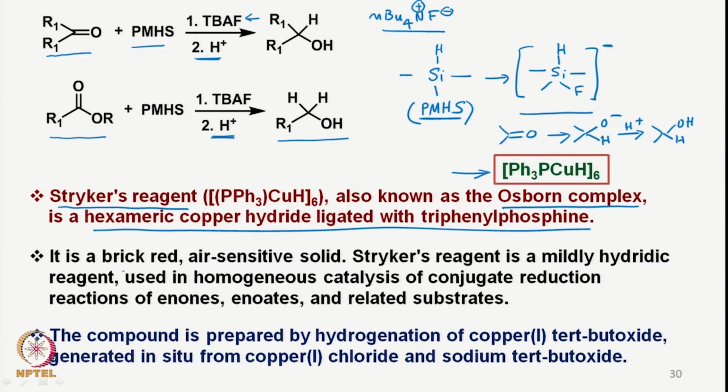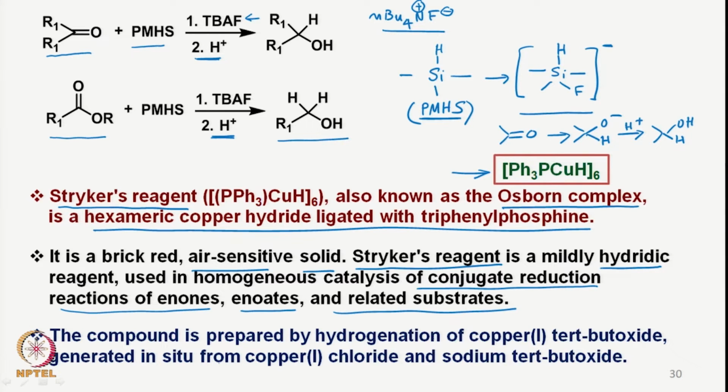It is a brick red air sensitive solid which is known as Stryker's reagent, is mildly hydridic because you have hydrogen attached to copper, and therefore it is useful because it is relatively soft because of the copper being present. It allows the conjugate reduction of enones, enoates and related substrates of different types. So, basically it allows conjugate addition of the hydrogen.